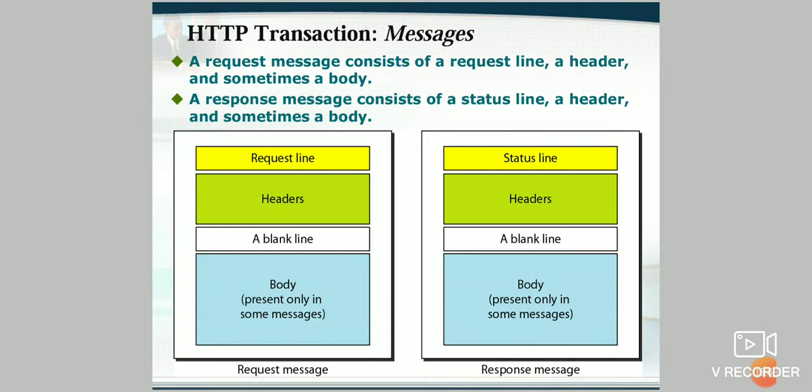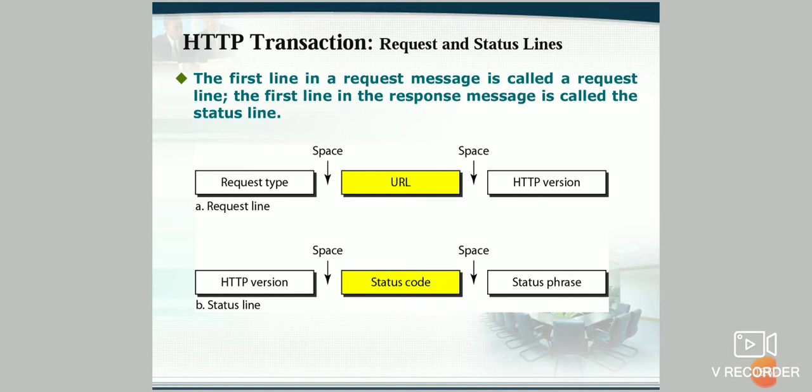A request message consists of the request type, URL, and HTTP version, whereas the response line or status line consists of the HTTP version, status code, and status phrase.